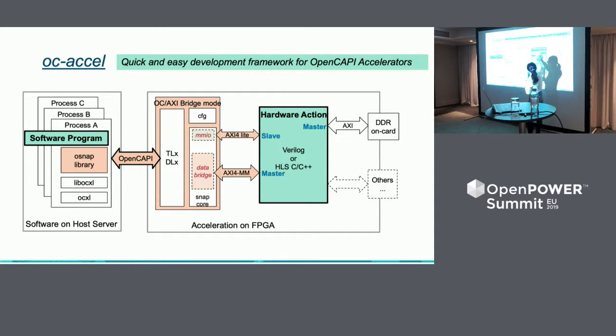So your AFU logic, I mean the action logic, just has some simple interfaces for configuration and for data transportation. For the configuration, it usually connects to some registers, and you use some simple APIs to write and read those registers.